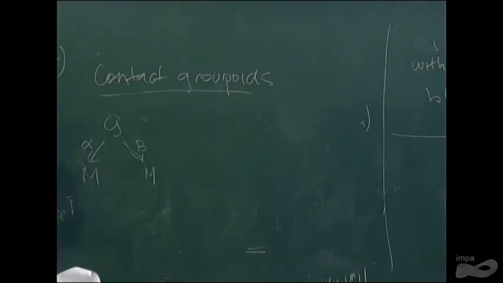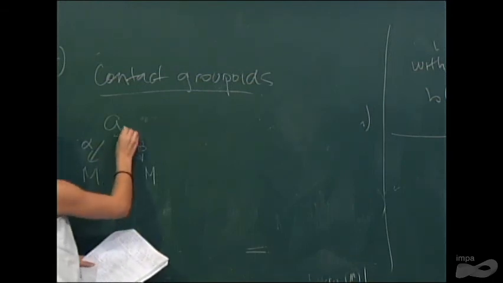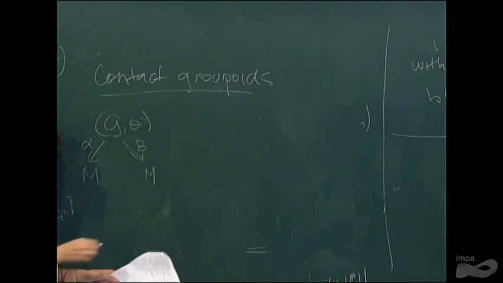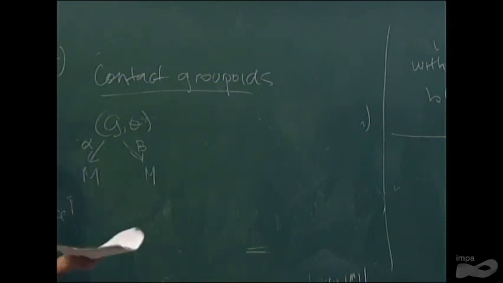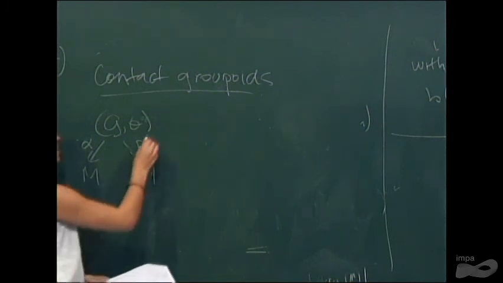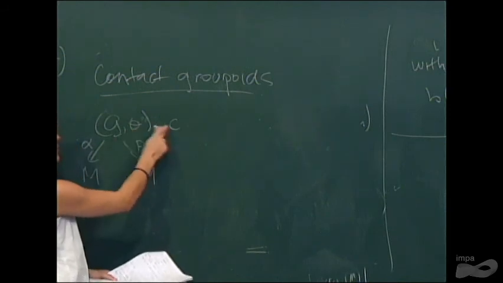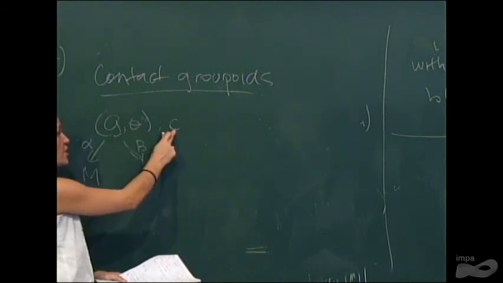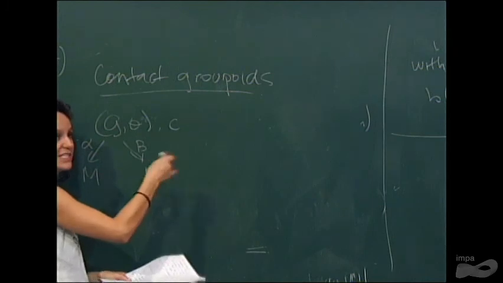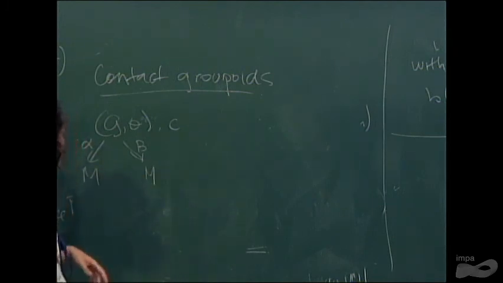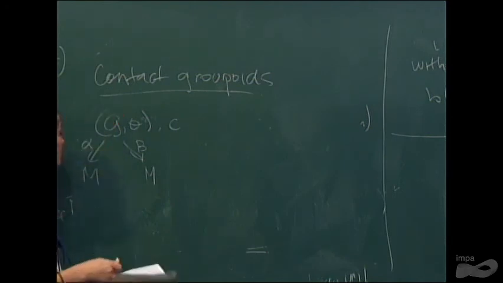It's a Lie groupoid endowed with a contact structure which is multiplicative with respect to some multiplicative function, okay? So it's natural somehow with the multiplication of G, okay?